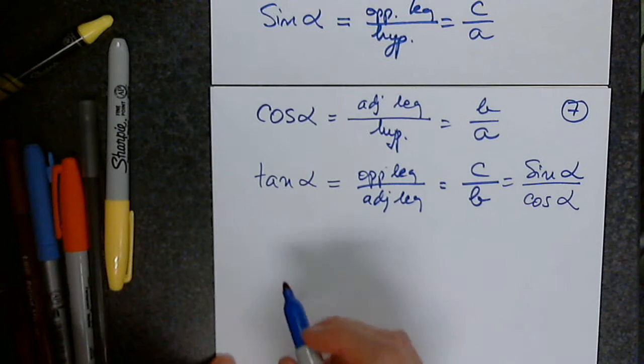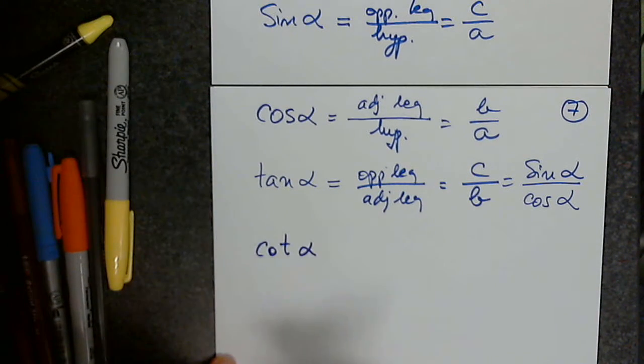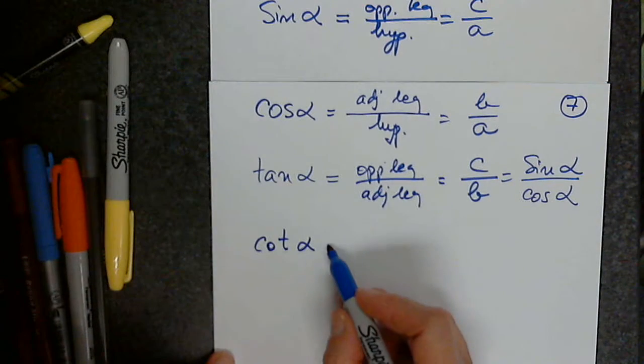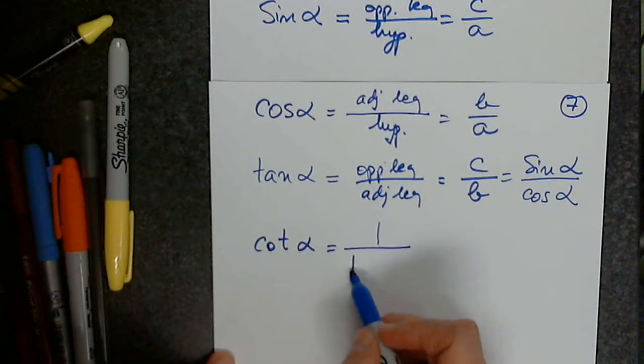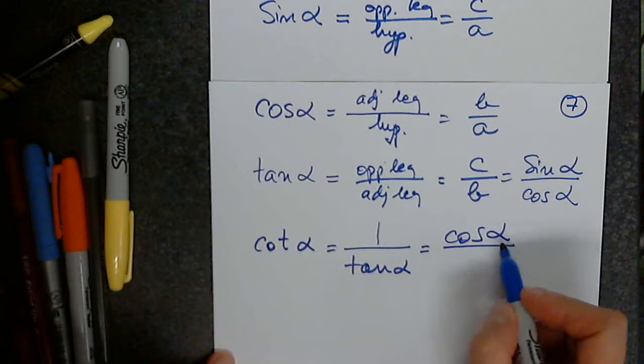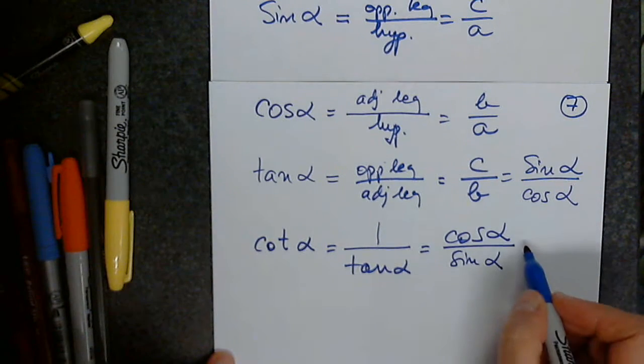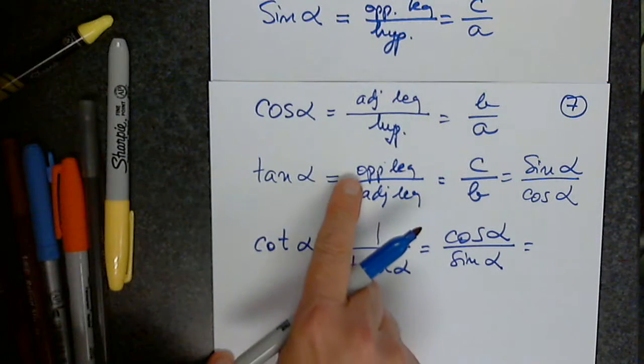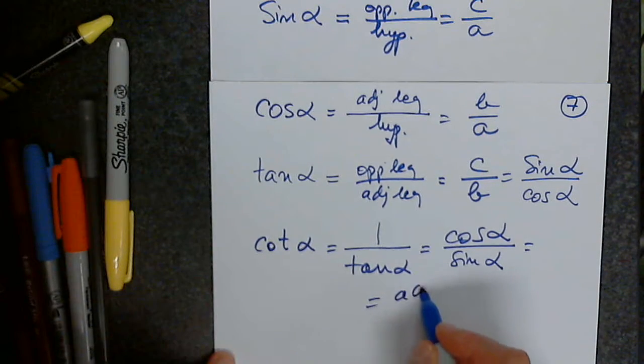The fourth function, cotangent alpha, is 1 over tangent, which is cosine alpha over sine alpha. So it's the adjacent leg over the opposite leg.